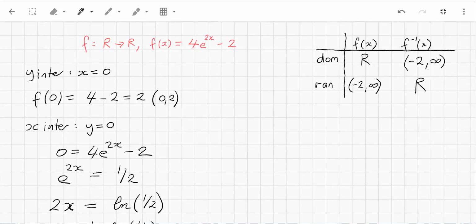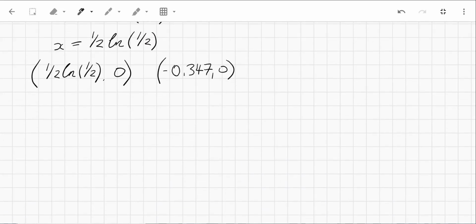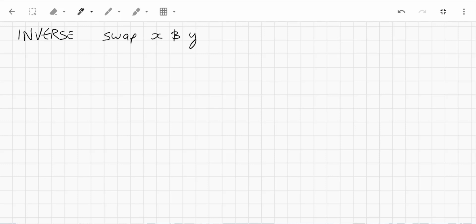Okay, so I have the y-intercept, the x-intercept, and the asymptote for this graph is that y equals -2. So that's everything I need for the exponential graph. Now to find the equation of the inverse, I'm going to swap x and y in the initial equation, and then I'm going to rearrange or solve the equation to get y on its own.